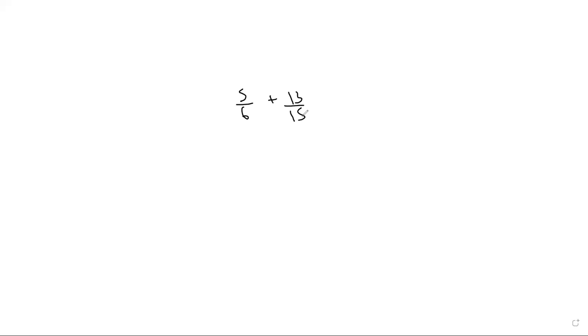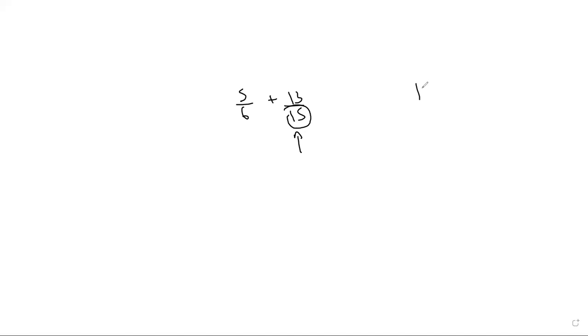So for figuring out this one, I would use, again, just my personal method, just because I think it's the best. My method is you look at the largest number on the bottom, and I like to just go through multiples of that. And that kind of simplifies it a little bit.